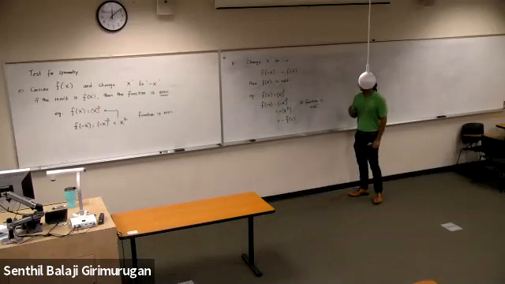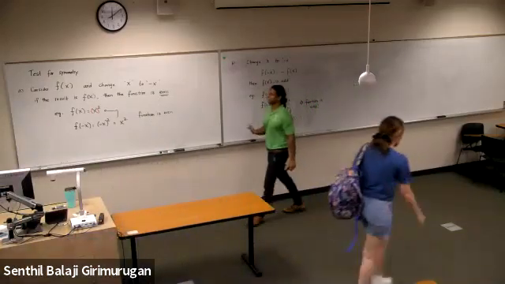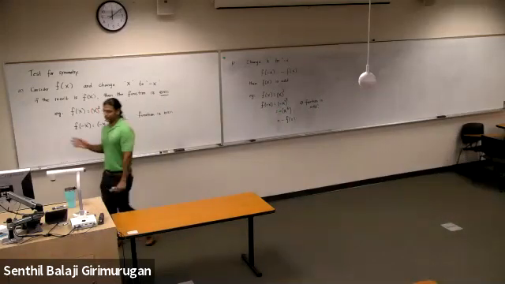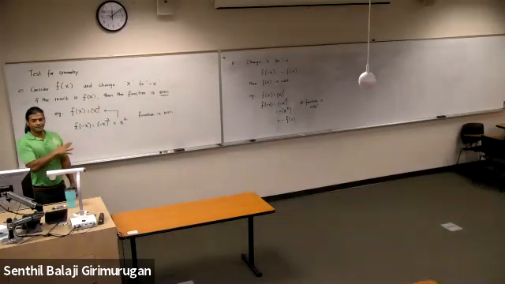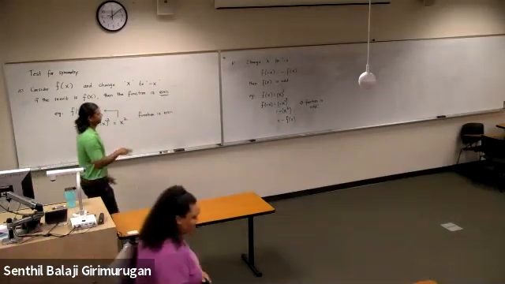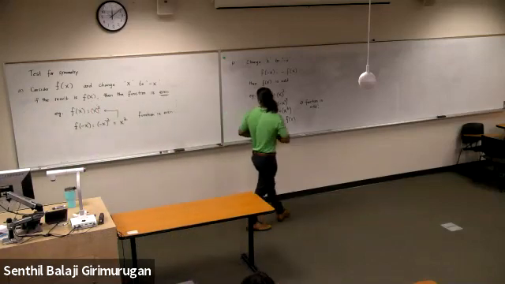Sometimes a function could be neither even nor odd. And it could happen, in which case we simply say the function is neither even nor odd. Are we clear? So I'm going to give you 3 different functions.